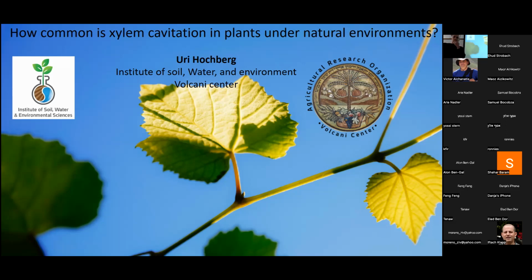Xylem is the tissue that conducts water in plants, and the water is conducted under tension, under negative pressure, because of the suction that transpiration creates from above. From a thermodynamic perspective, water cannot be under negative pressure. It should be gas. And sometimes when the pressure becomes too low, it is actually transformed into gas.